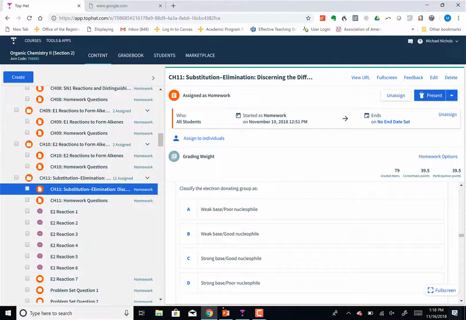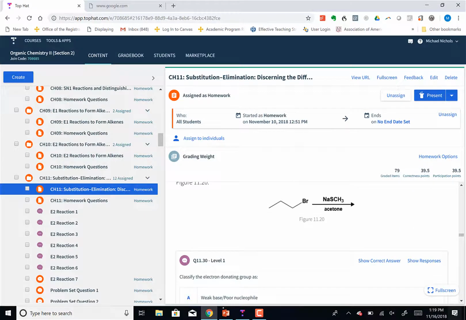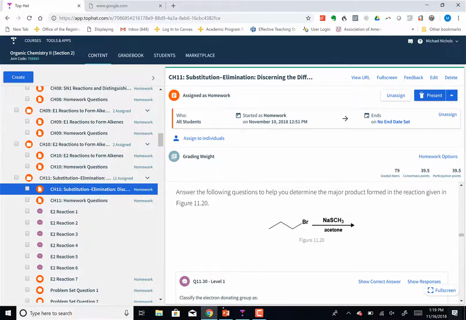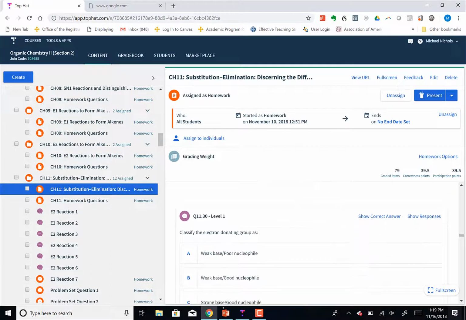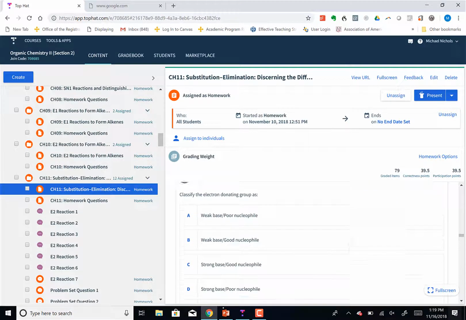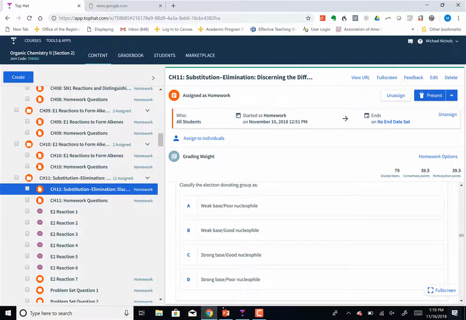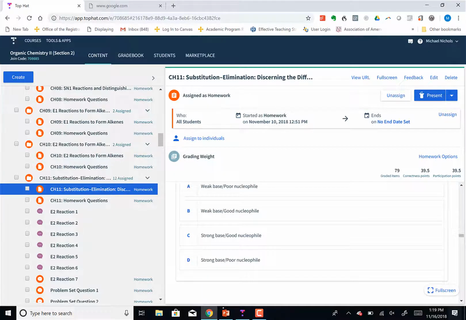Will we go with C? The question is, is SCH3 minus a weak base, poor nucleophile, weak base, good nucleophile, strong base, good nucleophile, or strong base, poor nucleophile?